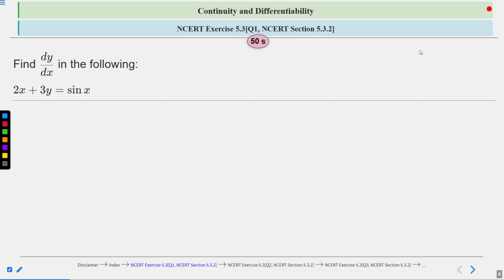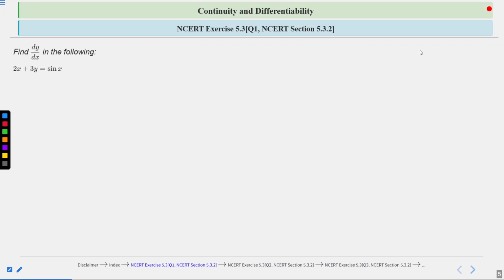After that, we will move to the solution part. Okay, let's move to the solution part.